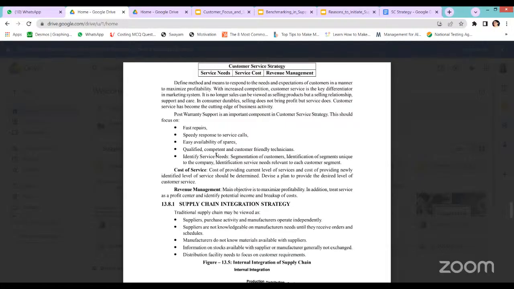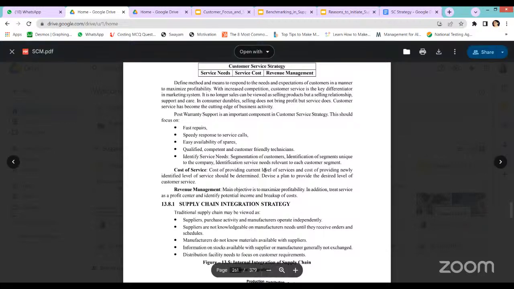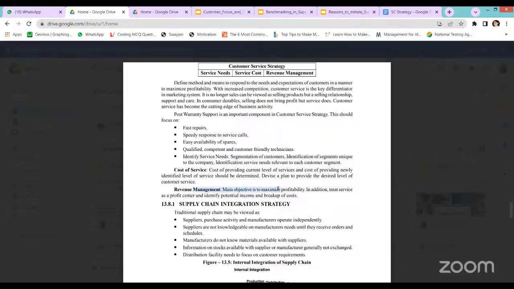Then there is service cost. While providing this, the cost of providing the current level of services and providing a newly identified level of service also has to be determined by the organization, in order to reach the determined level of customer service. Revenue management: the main objective of any organization is maximizing its profitability.